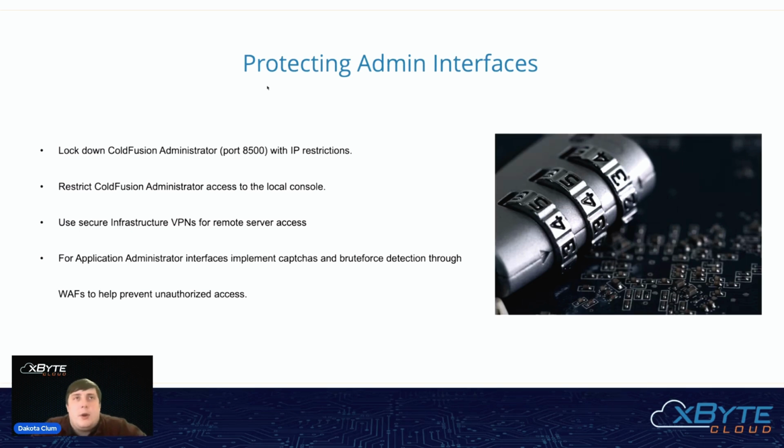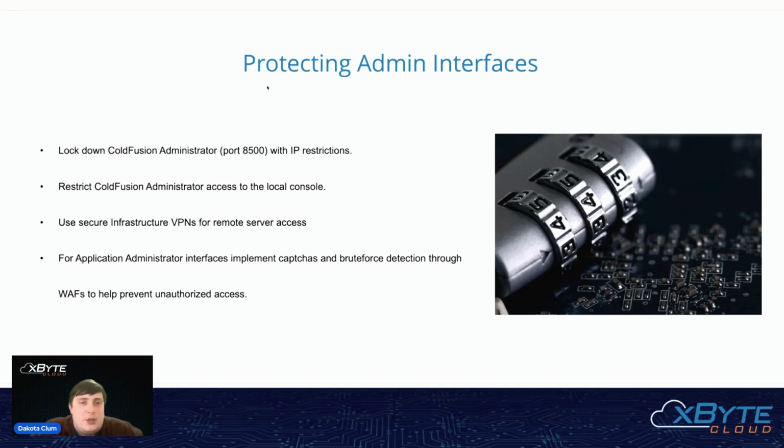Another critical component of ColdFusion security is protecting your admin interfaces. ColdFusion by default has a built-in internal web server. It runs on a port. And if that port is available on your server's public IP address, a bad actor could browse to that port and access the ColdFusion administrator on the World Wide Web.